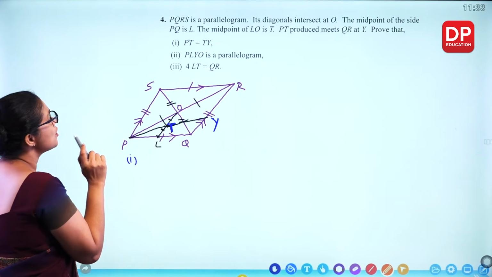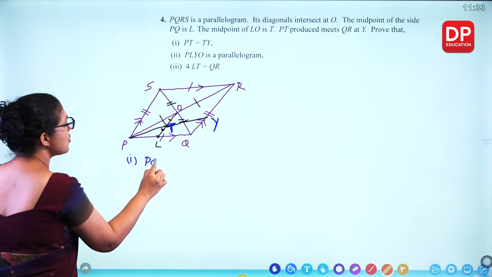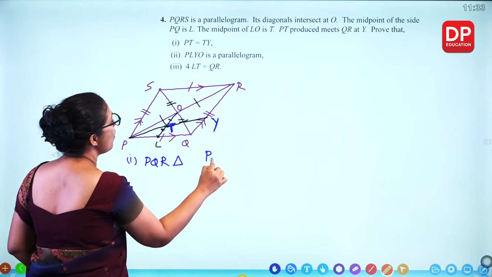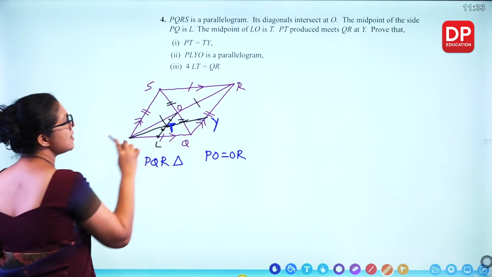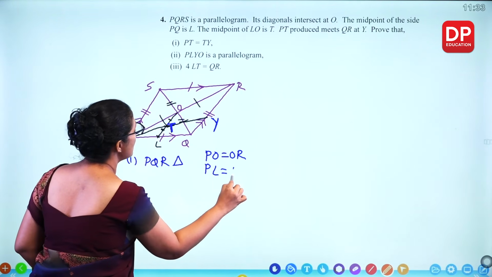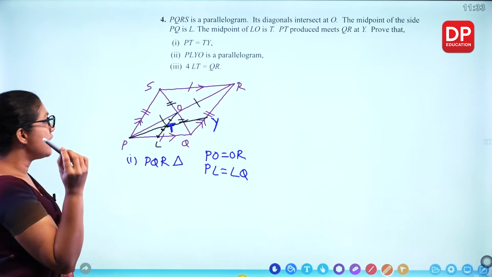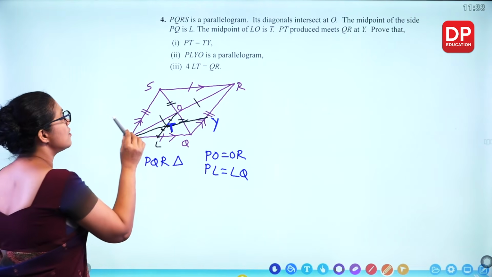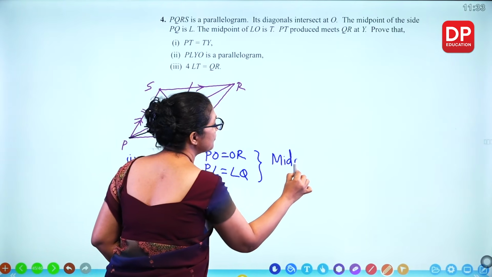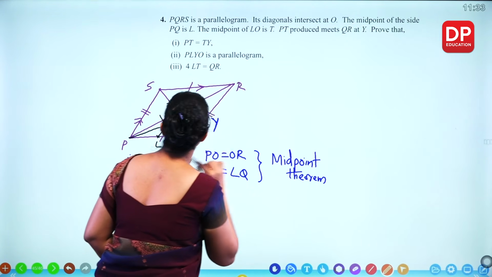First part, it says show that PT equals TY. Here look carefully at PQR triangle. We know that PO is equal to OR. That's the diagonals bisect each other, and PL is equal to LQ. So OL is the line joining the midpoints. So according to midpoint theorem, what can we say about the lines?